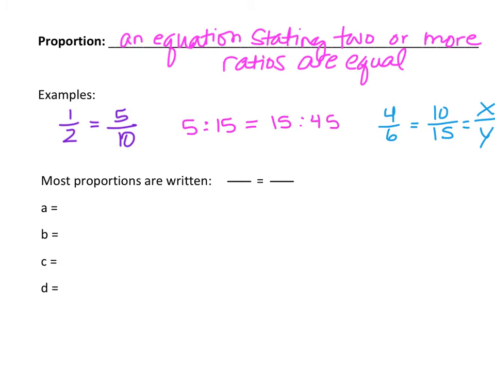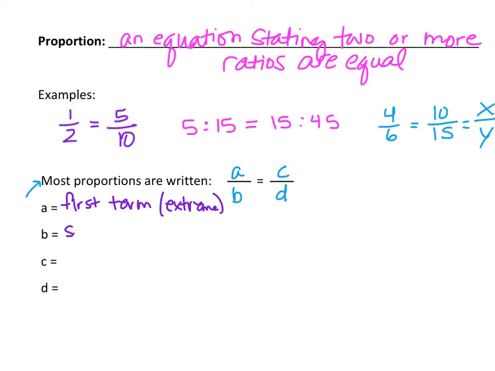However, most proportions are written this way, with A over B equals C over D. So A is our first term, and we're going to refer to that as an extreme. And we'll talk about that in the next slide, I think.